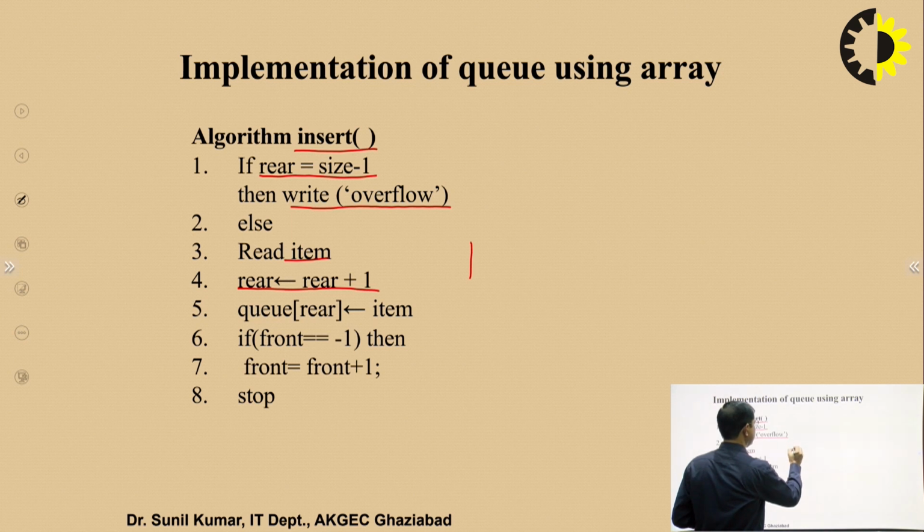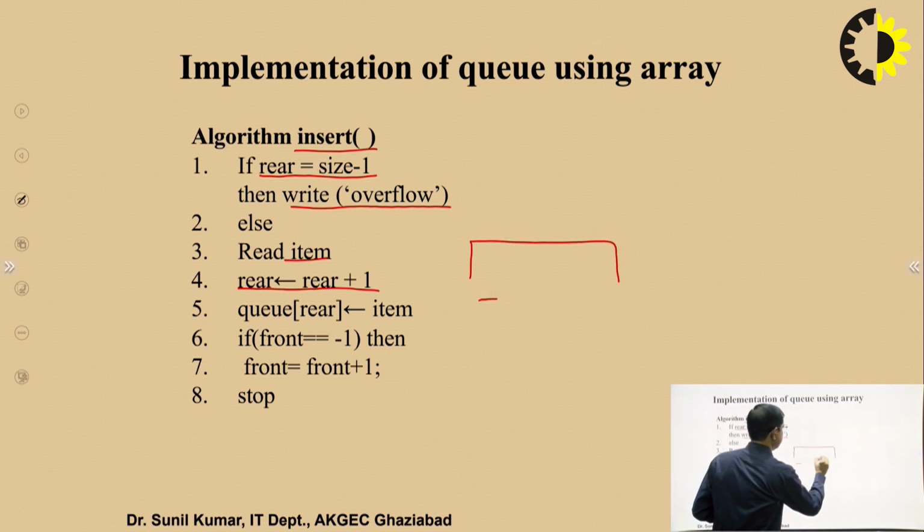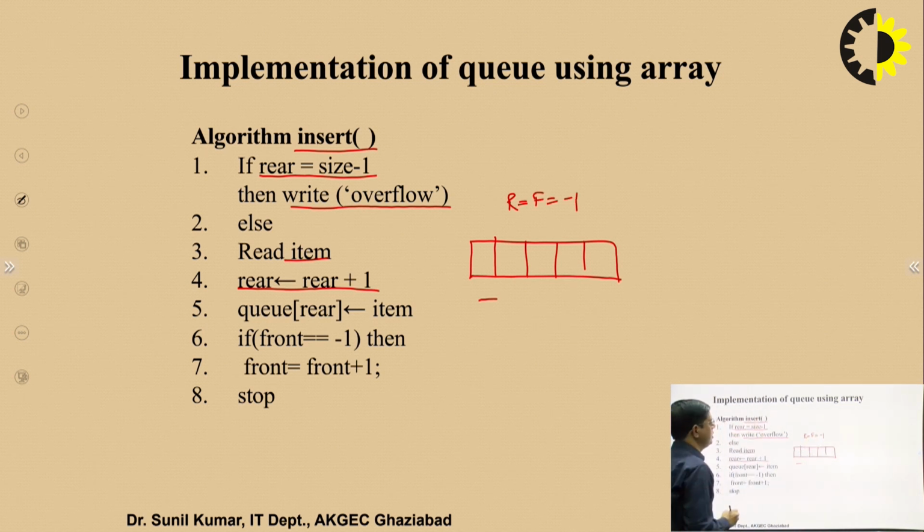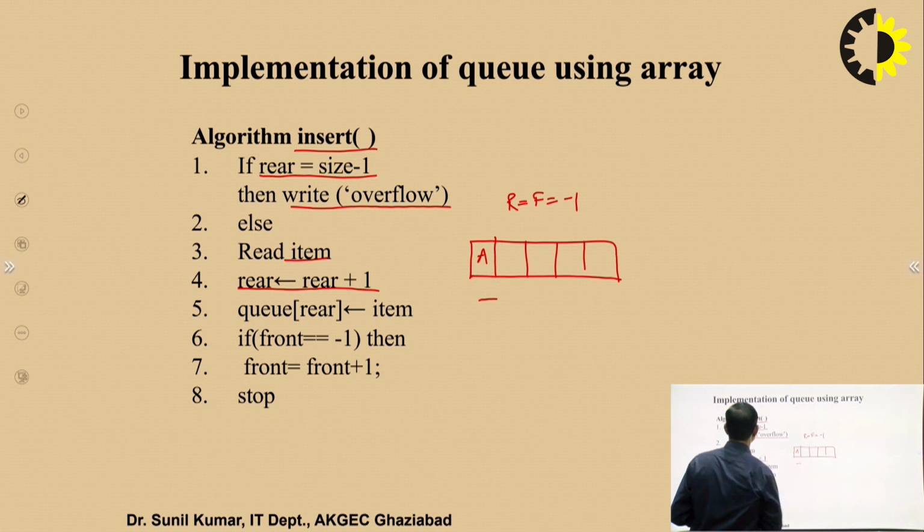For example, this is a queue. Initially rear equal to front equal to -1, indicating that there is no element. So first of all, for example, we are inserting an element here. Then always, first of all, we will increment rear by 1, that is rear will be 0.